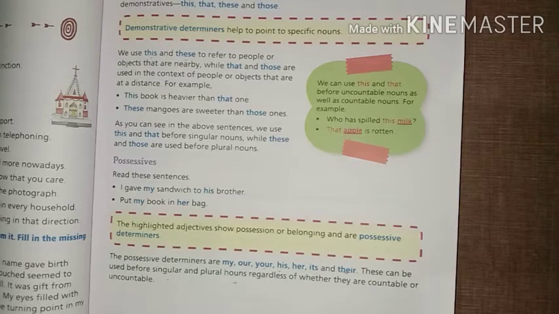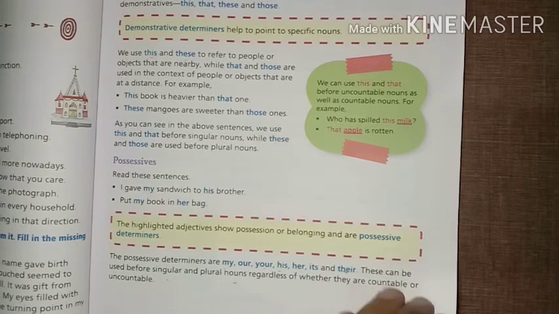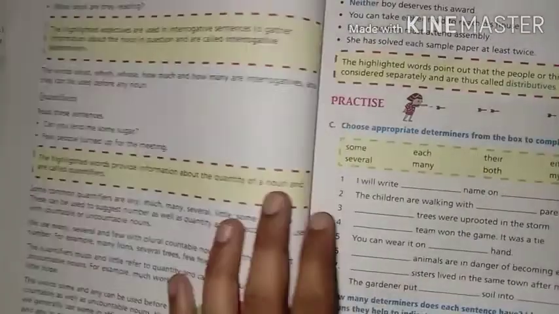So these are used with both singular and plural, and should be used according to the plural or singular noun. So beta, I hope you understand demonstrative determiners and possessive determiners.